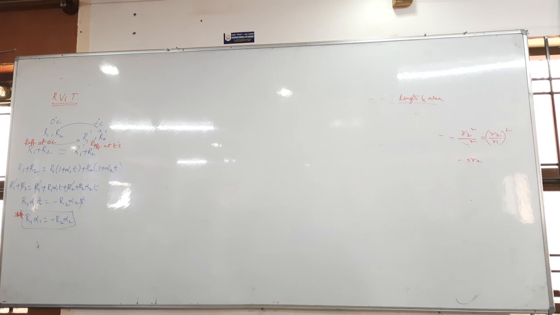Then find the effective resistance. In that first question, for series combination. Next question, parallel combination. Series and parallel combinations you have to find out. What is alpha effective in series? Alpha effective in parallel.